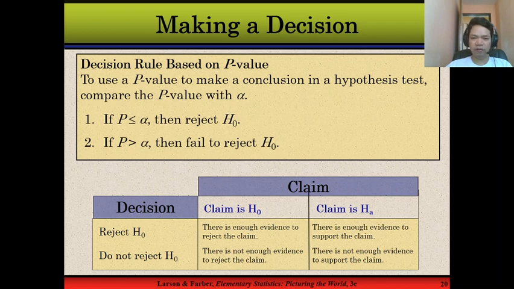Okay, decision. So, ganito natin gagawin yung ating decision. Kung ang claim ay nasa null, tapos decision natin ay nireject natin, kasi dahil siguro nag-less than or nag-equal sa significance level. So, ang statement natin is there is enough evidence to reject the claim. Okay, kasi ang claim mo ay nasa null at nireject mo siya based dun sa statistical procedure na ginawa natin.